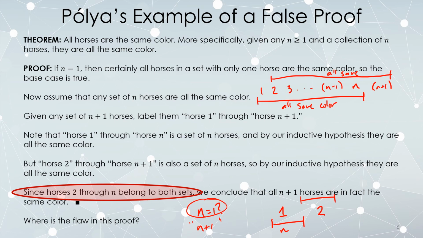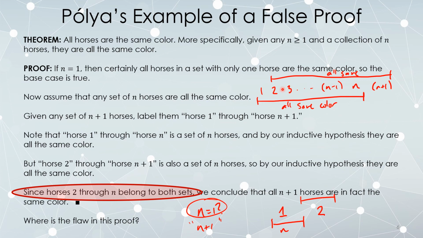But now my picture above is clearly misleading because here, this goes from 1 to n. If n is equal to 1, it goes from 1 to 1, whereas this second collection goes from 2 to n plus 1, which is 2 to 2, because n was equal to 1.